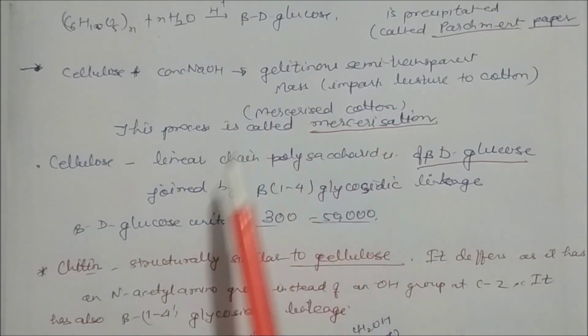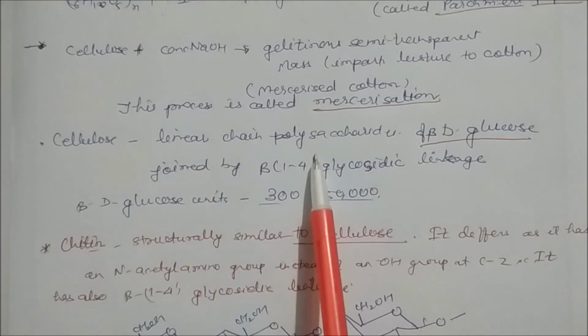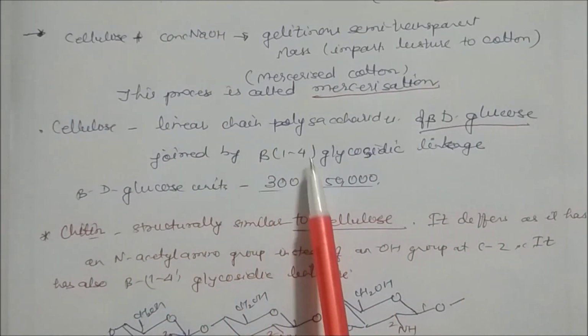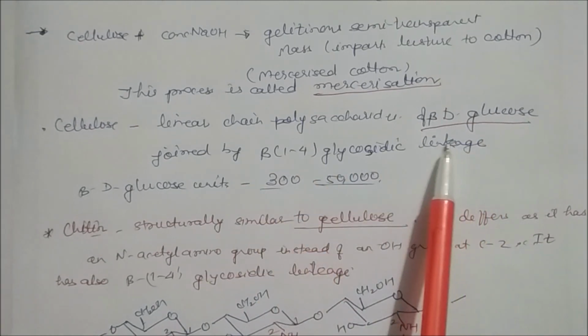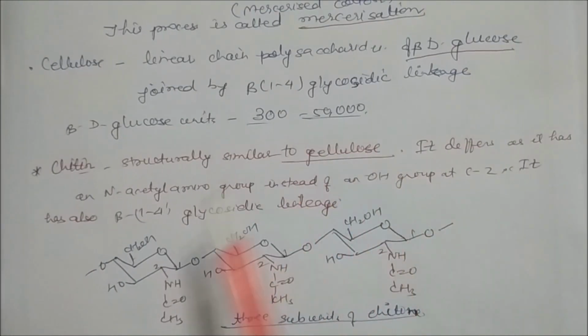Cellulose is a linear chain polysaccharide of beta D-glucose, joined by beta 1,4 glycosidic linkage, and the normal unit is 300 to 50,000 units.